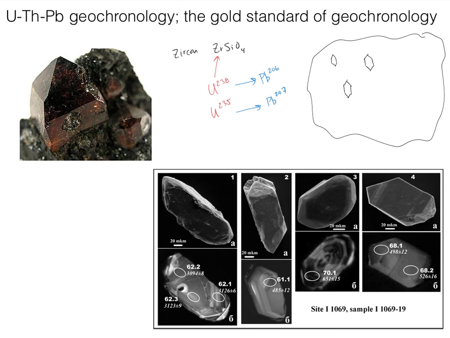But what they will not have is the same concentrations of uranium. So let's say to start with, we have uranium atoms in this crystal right here, and there are lots of them. And then in this one, there's only a few. And this one, there's even less.